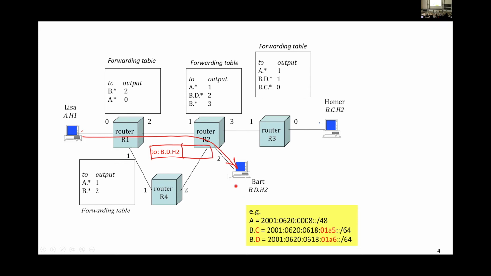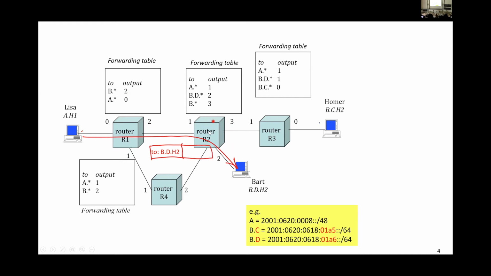The dot star is only for the slide, and it's not written in the routing table. Then this routing table is simply saying any destination address that starts with B should go to output interface 2, and anything that starts with A should go to output interface 0. So when the router receives this packet, it analyzes this destination address. It says it starts with B, therefore I send it to interface 2.